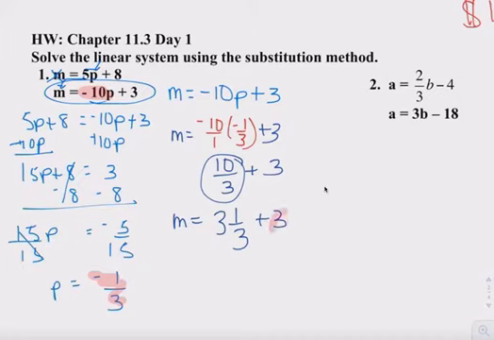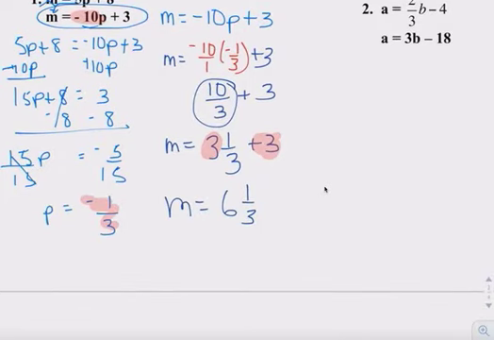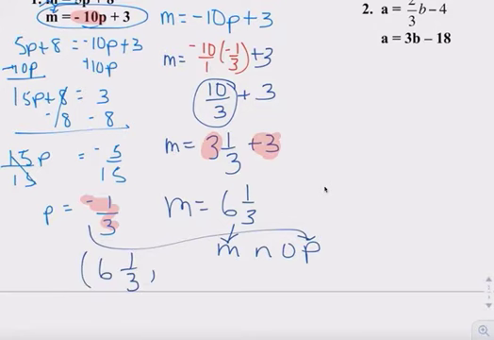Well, 3 plus 3 whole is 6 whole, and 1 over 3 is the fraction left. So your answer, MNOP, M comes first and P goes last, alphabetical order. So your answer is 6 and 1/3 and negative 1/3. M and P. Okay, that's a harder concept.